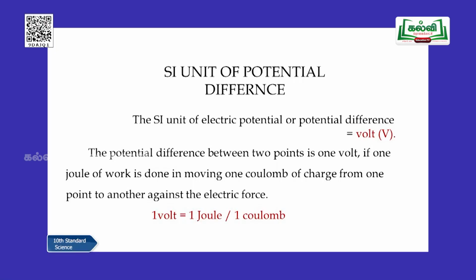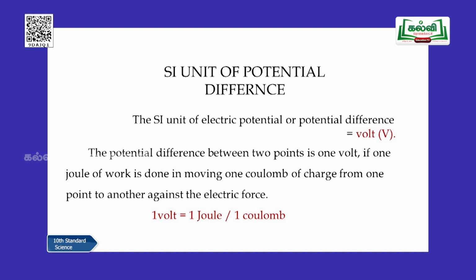Now we can see the SI unit of potential difference and the definition based on the units. What is the SI unit of electric potential or potential difference? It is volts, denoted by the capital letter V. Now let us see the definition of the potential difference between the 2 points using the units of potential difference, work done and charge.